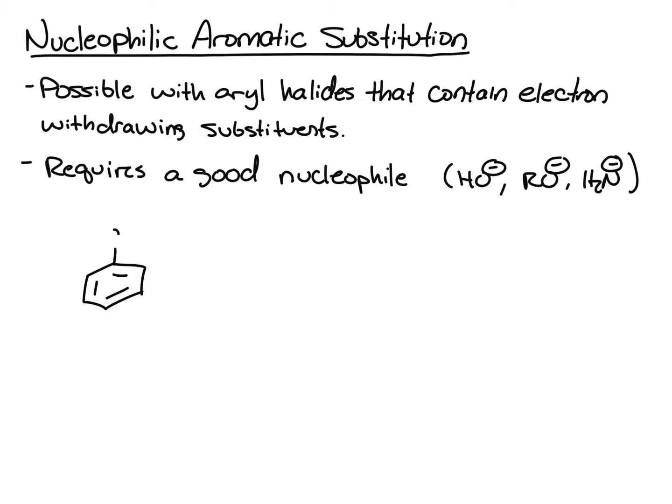Here we have an aryl chloride, and I'm going to put 3 nitro groups on the ring at the ortho and para positions. If we react this with hydroxide, the hydroxide will replace the chlorine.